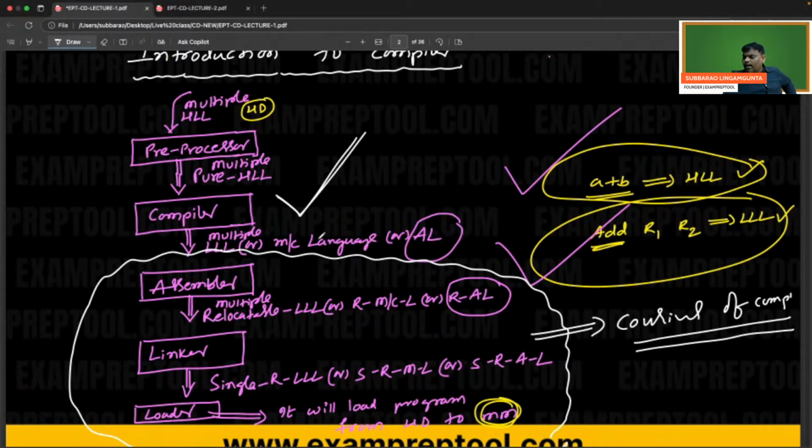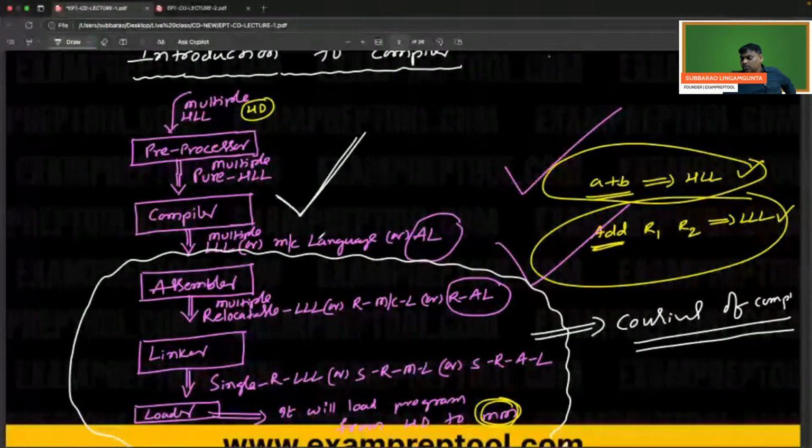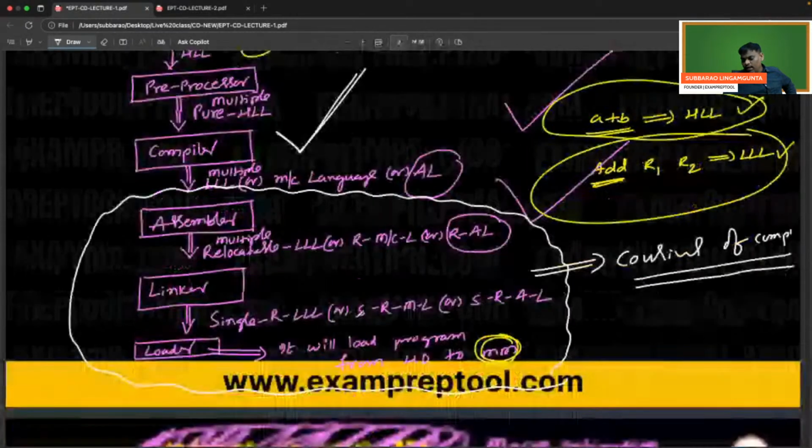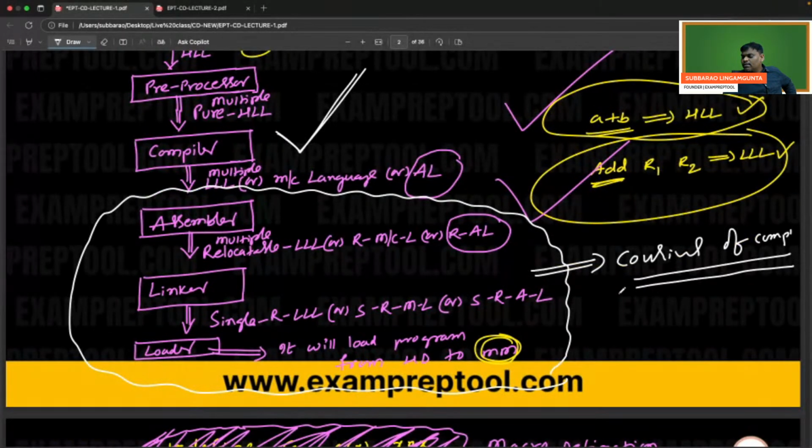That is the actual compilation. But remember, for user convenience, when the user says compile, not only compilation, some more things are also going on. After compilation, whatever happens, those are known as cousins of the compiler.